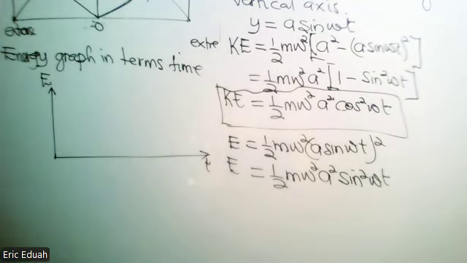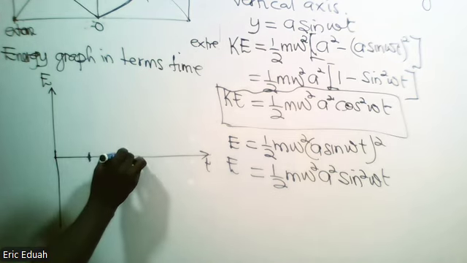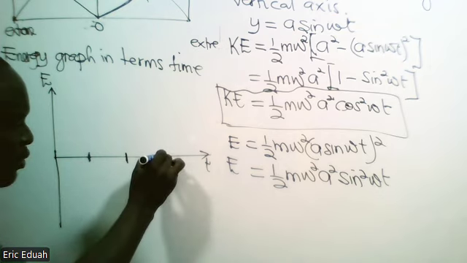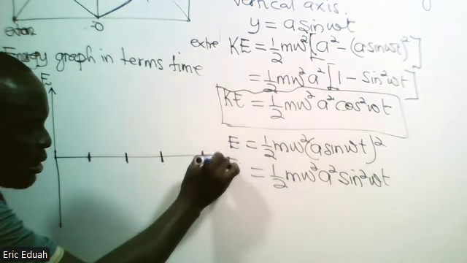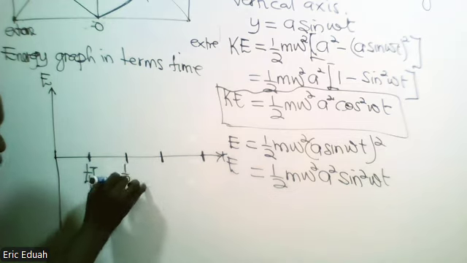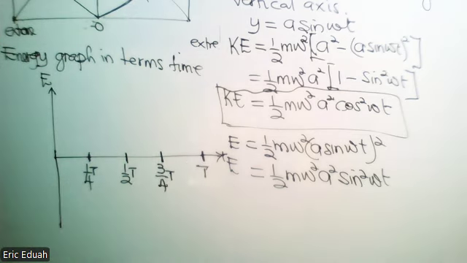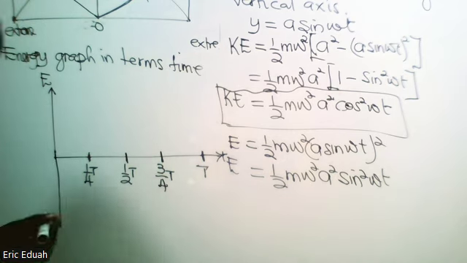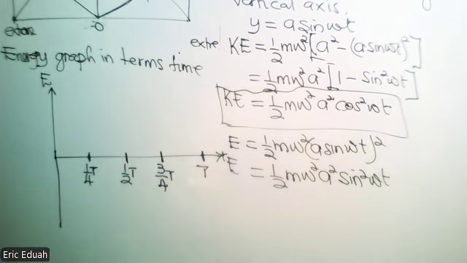So let's divide the period into 4 parts: quarter, half, 3/4, and then T. So this is a quarter of the period, half of the period, 3/4 of the period, and then capital T. Please do not forget that this can also be expressed as angle: 90, 180, 270, 360.